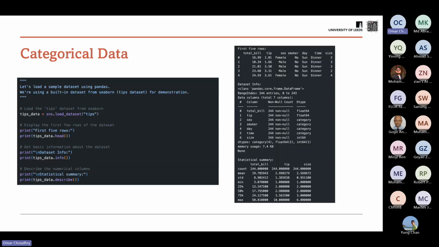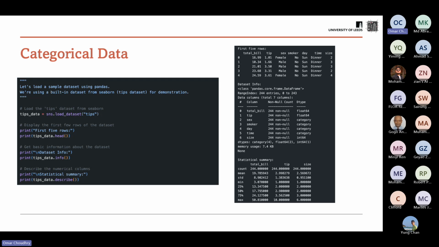The last kind of data, the problems that we may encounter, are with categorical data. Categorical data is a little bit weird because it's not necessarily just text. As an example here, I have a data set of tips. It stores a group of people when they go to a restaurant.